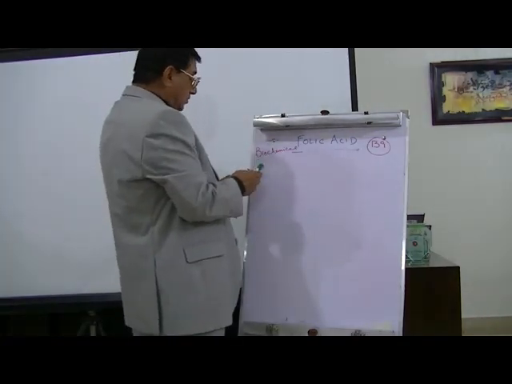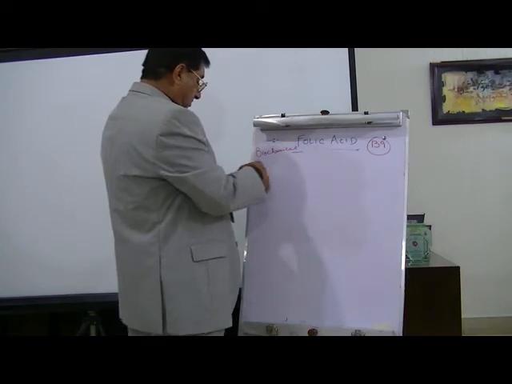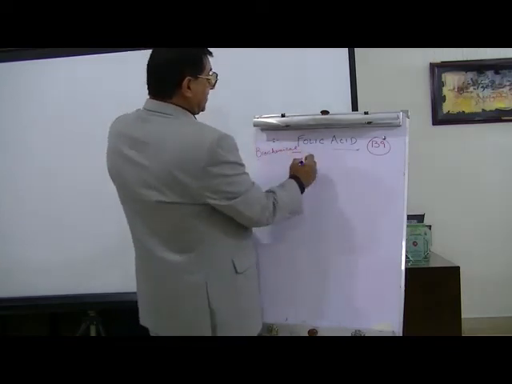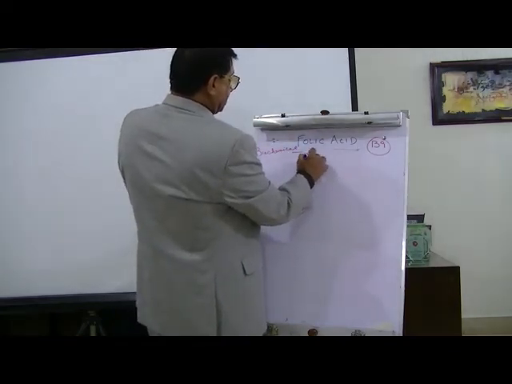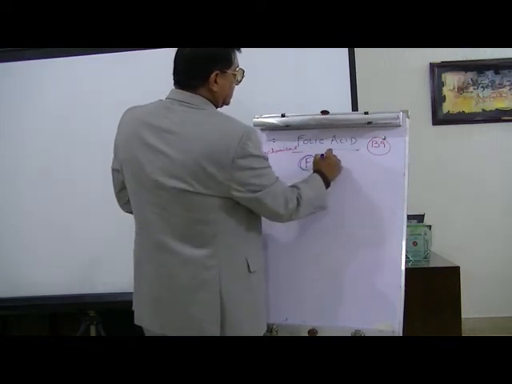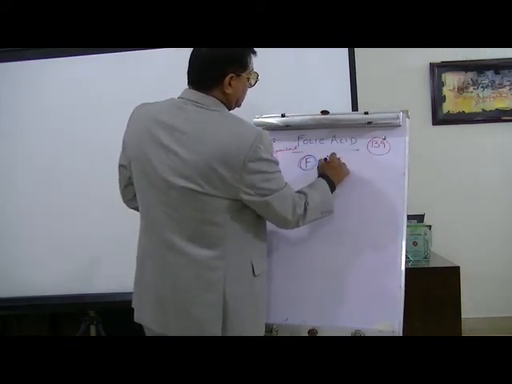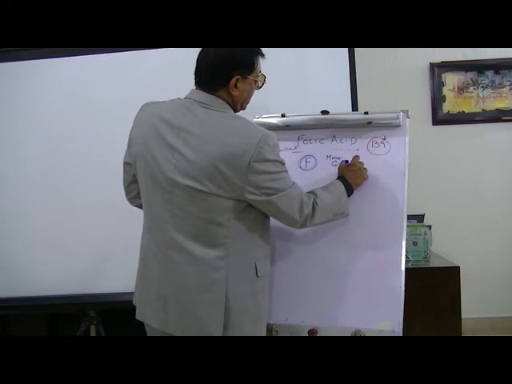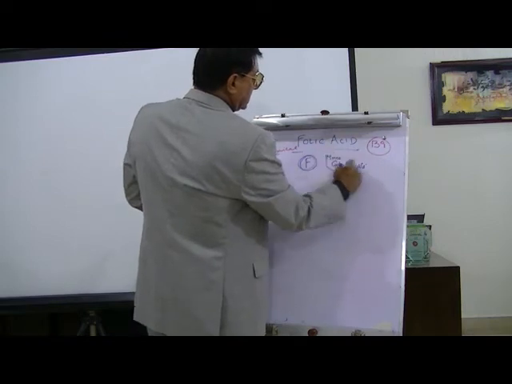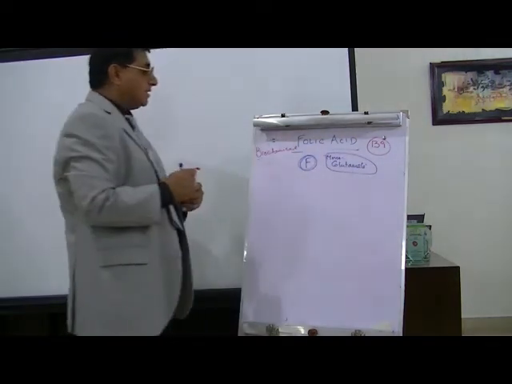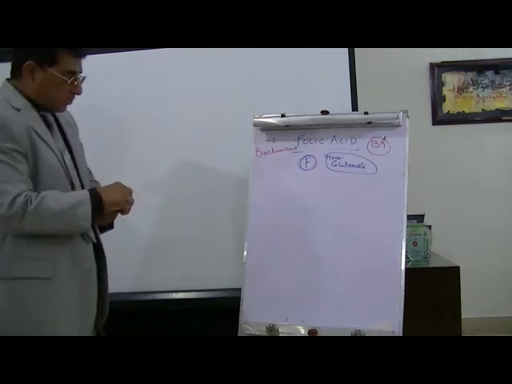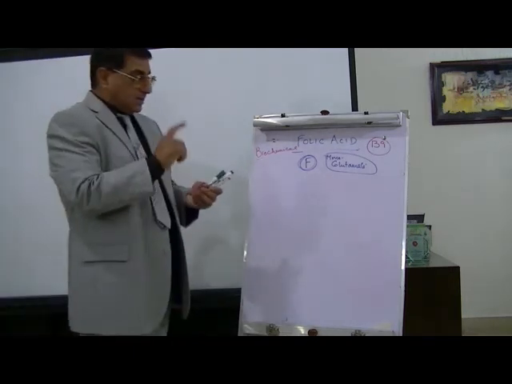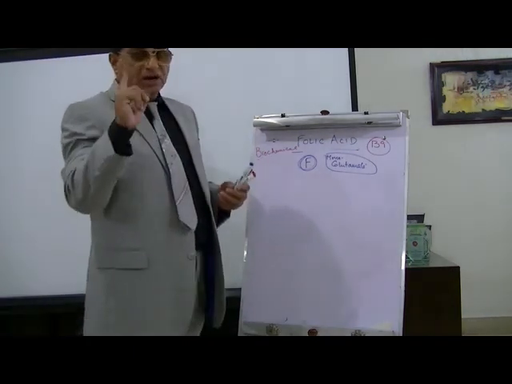Simply, if I write it down, it is folic acid, monoglutamate, in the liver. Now, this monoglutamate carries one carbon metabolism.